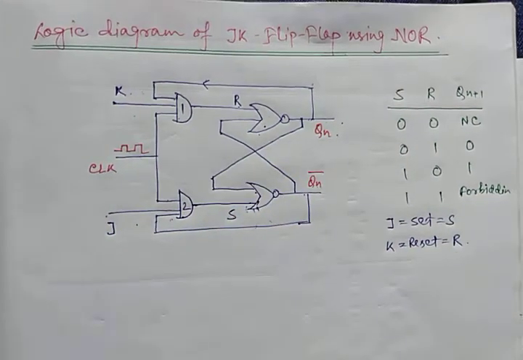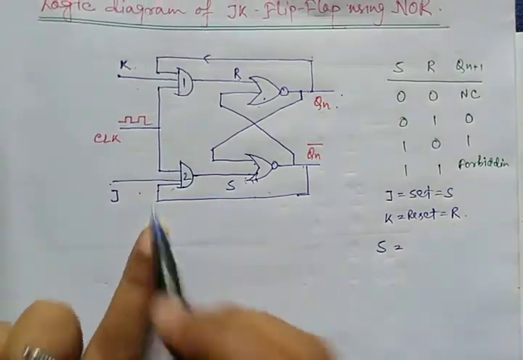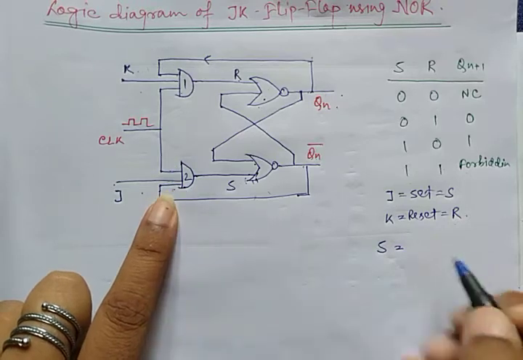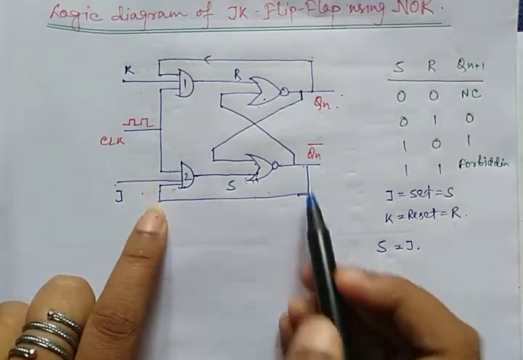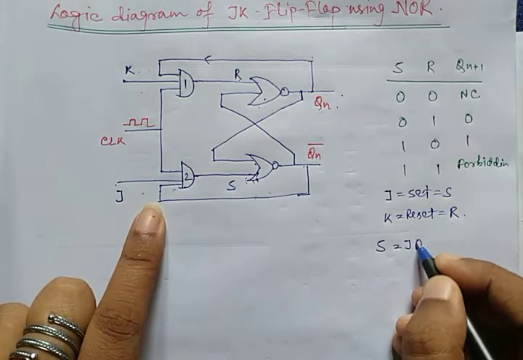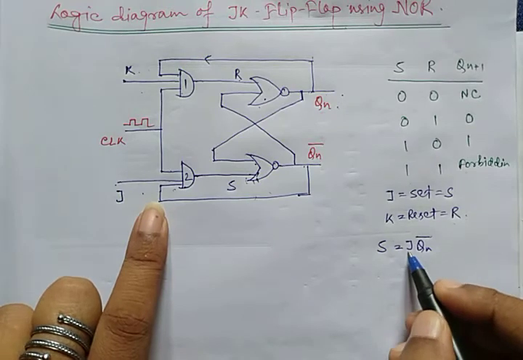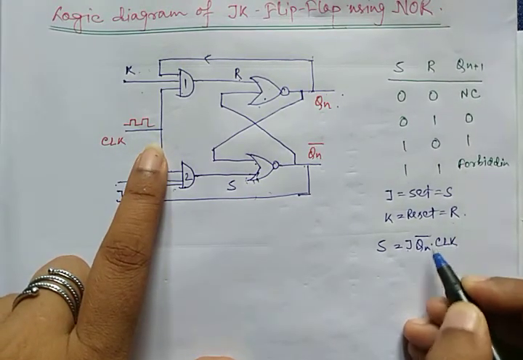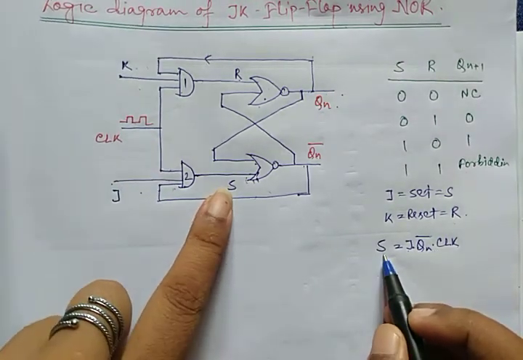So here we can write that for S, this is the AND gate and this gate has 3 inputs. One input is J, another input is Qn bar and clock. The AND operation of these 3 inputs gets the S input.